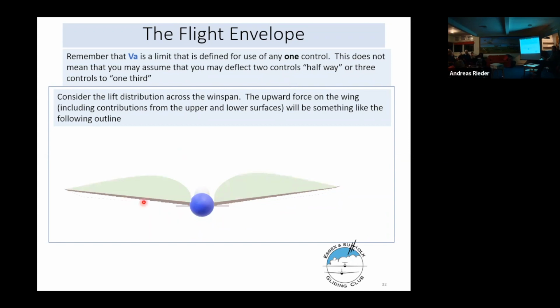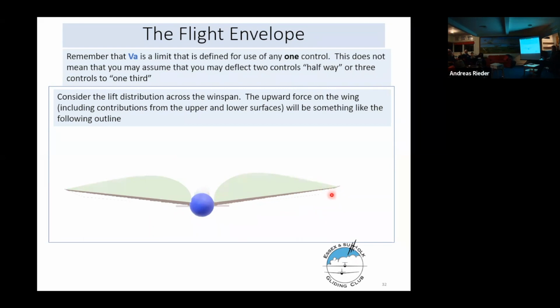There'll be quite a lot of lift generated here, quite a lot of lift generated here. Towards the wingtip, there's very little lift generated. Right up against the fuselage, there's very little lift generated. So the lift distribution is something like that. Might not be exact, but we're approximating here.